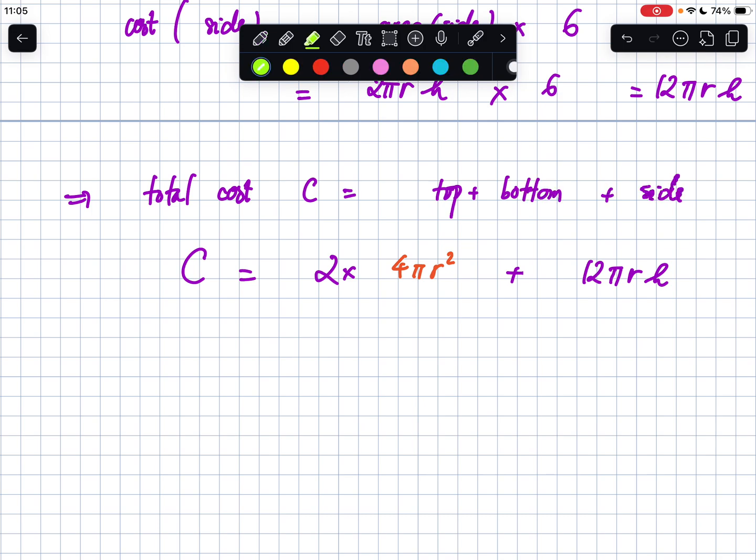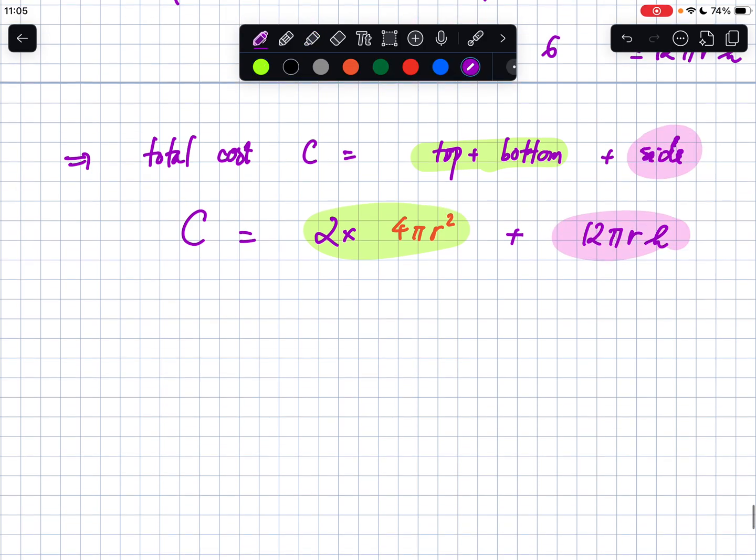So C equals 8π r squared plus 12π r h. We want the cost to be minimum. So we try to minimize that.